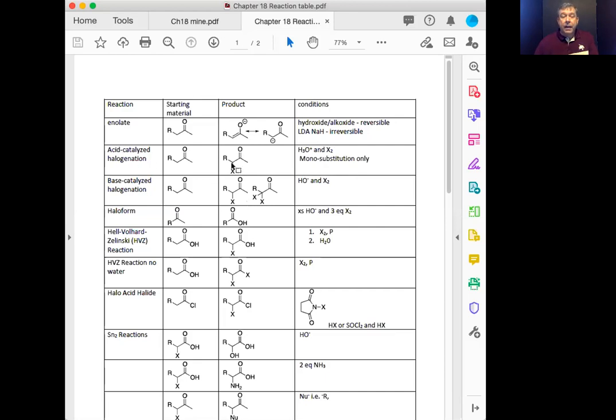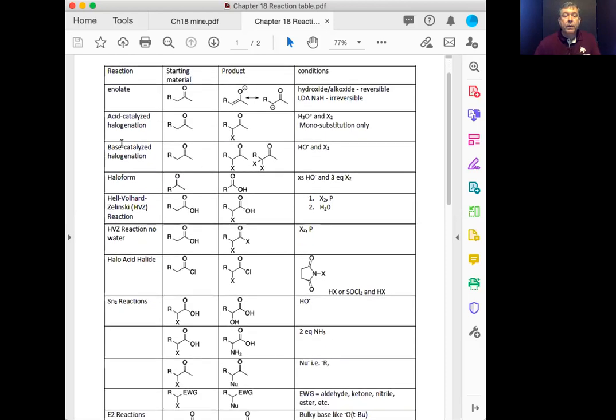Now, when we have acid catalyzed, you only get monosubstitution. So that's drawn out here in their conditions, or our complications is what I like to call it sometimes. However, if we have a base catalyzed halogenation, we can do all of the alpha hydrogens right here.